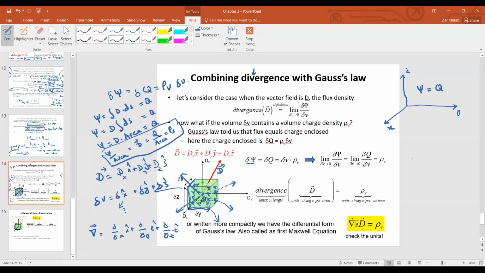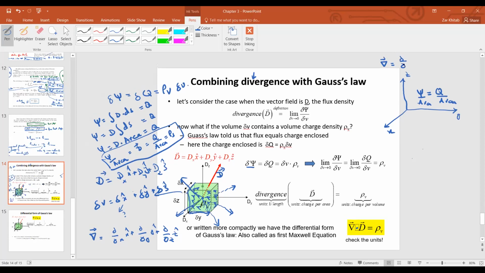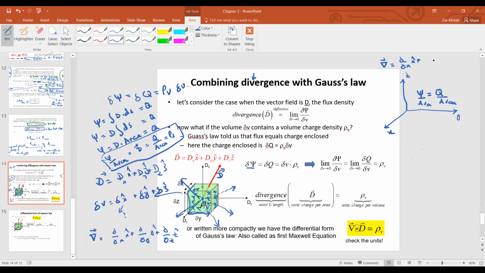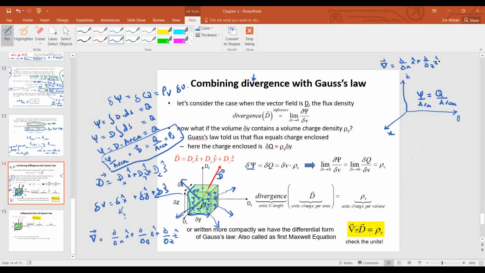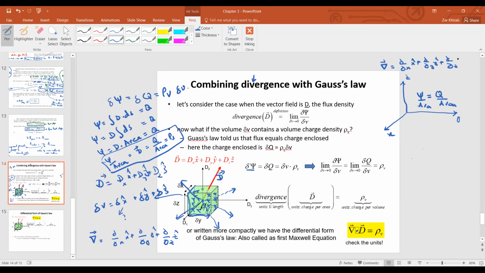Now look here, if I try to put psi divided by area and charge divided by area in a coordinate system, I would apply the divergence. The space coordinate is like the del operator, which is partial by partial x in the direction x plus partial by partial y in the direction y plus partial by partial z in the direction z.